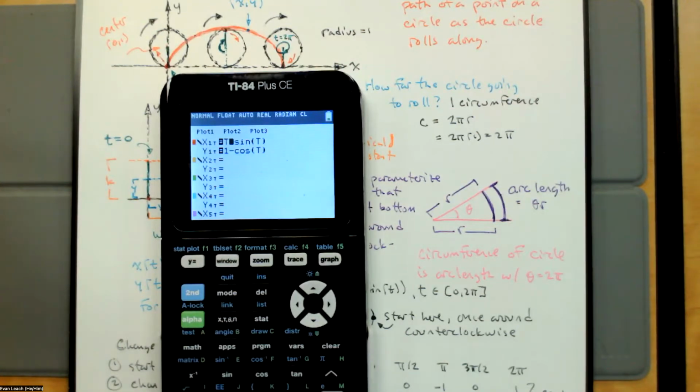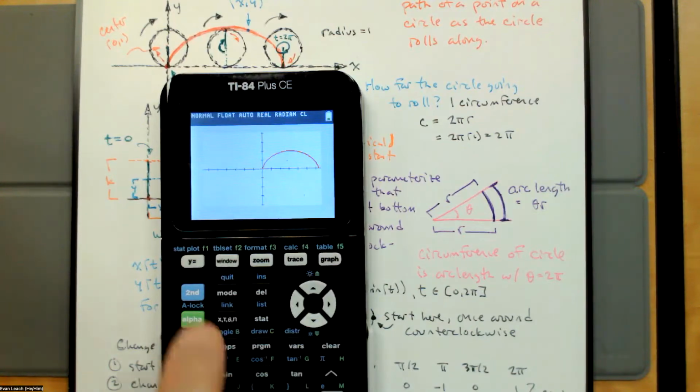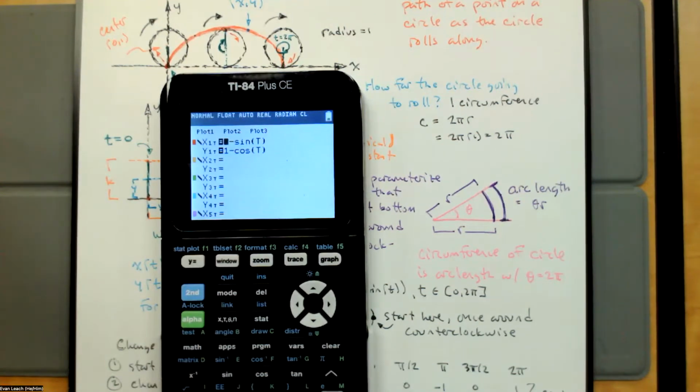That's going to start the center at 0, and then as t goes up to 2 pi, that will end the center at 2 pi. And so that's what we wanted to have happen. So here's our parameterization for our cycloid on a unit circle.